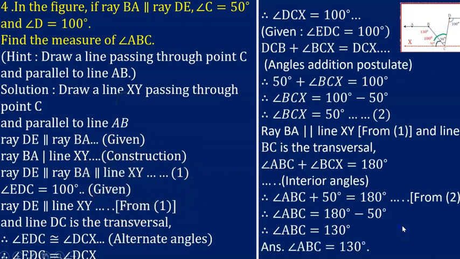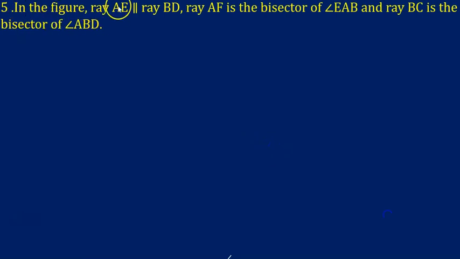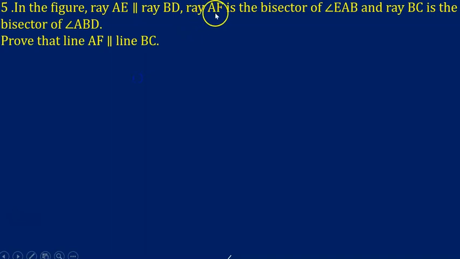Now next, in the figure, ray AE is parallel to ray BD. Ray AF is the bisector of angle EAB, and ray BC is the bisector of angle ABD. Prove that line AF is parallel to line BC.